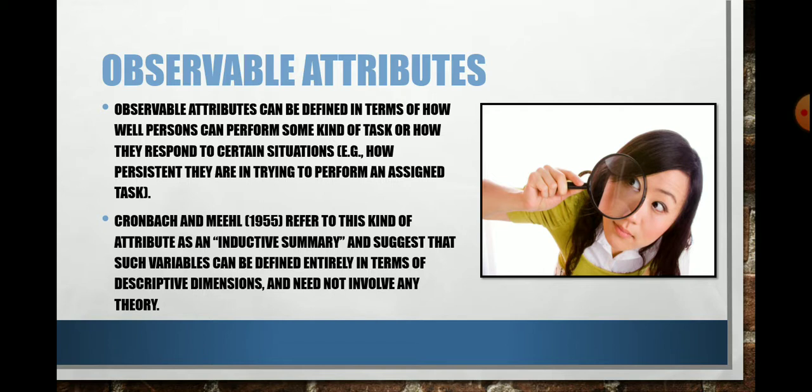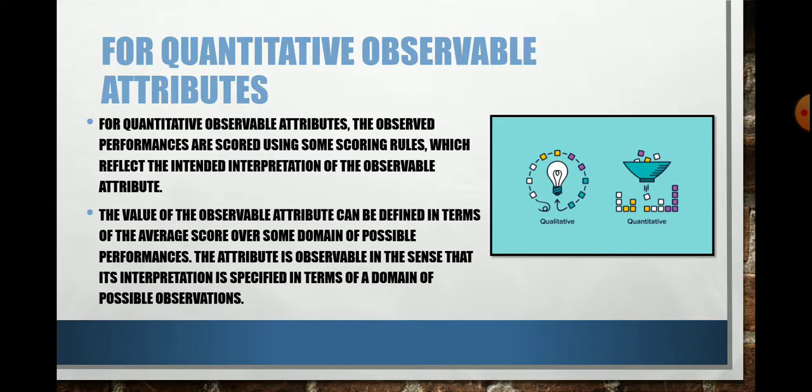So coming up next, we're going to read the third paragraph. So let me read. For quantitative observable attributes, the observed performances are scored using some scoring rules, which reflect the intended interpretation of the observable attribute. The value of the observable attribute can be defined in terms of the average score over some domain of possible performances.